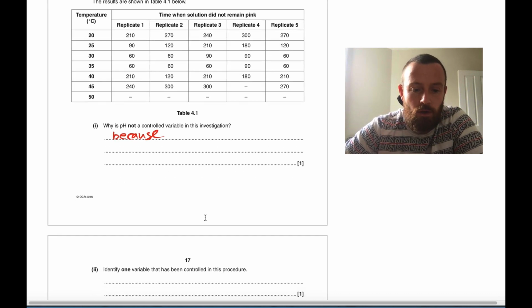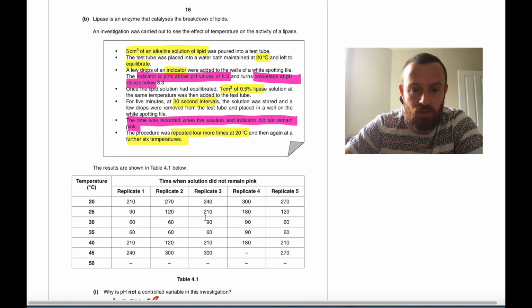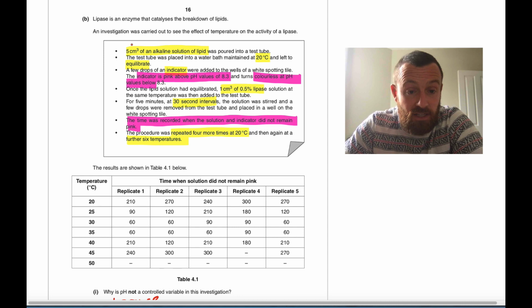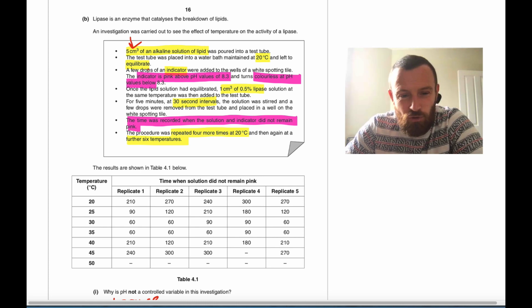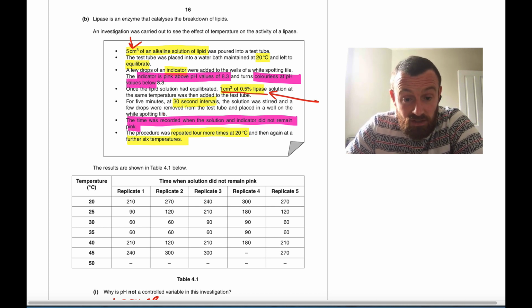Okay, identify one variable that has been controlled in this procedure. Well, this is where that highlighting comes in. Look at all these things that were controlled. Well, we've got 5 centimeters cubed of alkaline lipid. You could have said that. Few drops, that's not very controlled. This is nice and controlled here. 1 centimeter cubed, 0.5% lipase, so the amount of lipase, and the percentage lipase solution, and yep, that's pretty good.